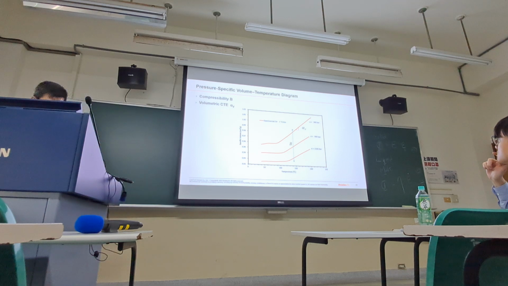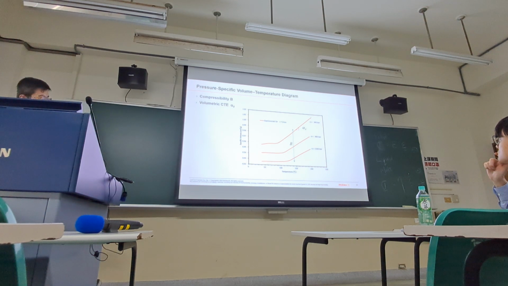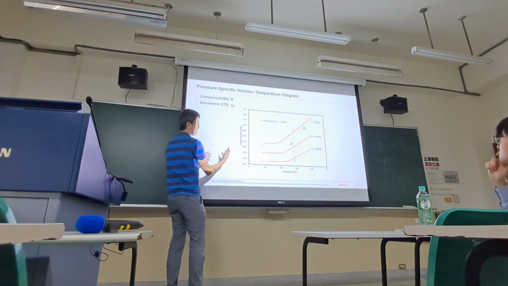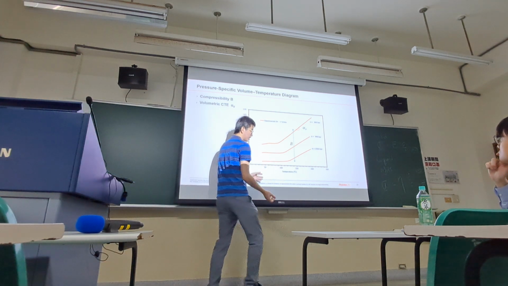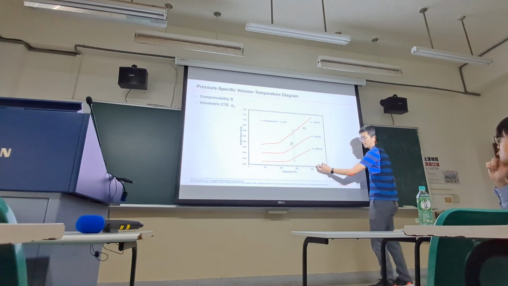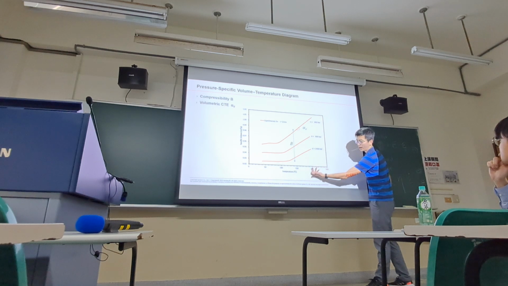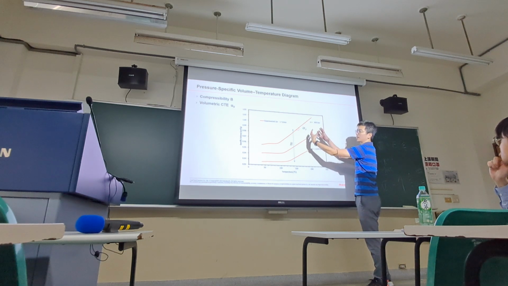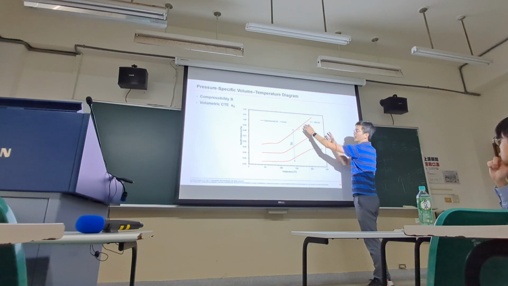And then we have two more important properties. This one is the PVT diagram, the specific volume and temperature. Since we are producing injection molding or powder injection molding through high temperature, for example 200 degrees Celsius, the volume here is very big, high temperature, high volume, right?